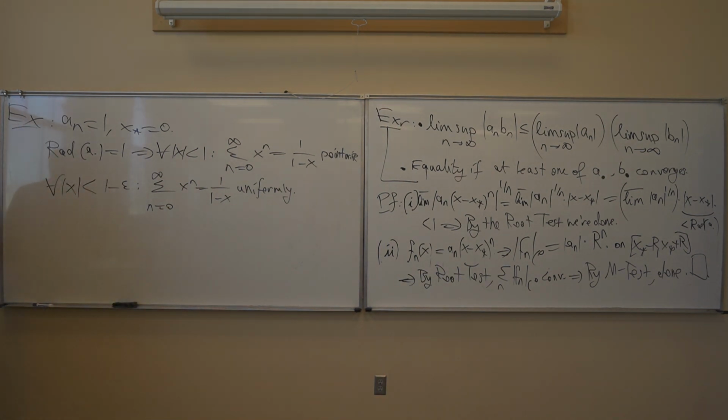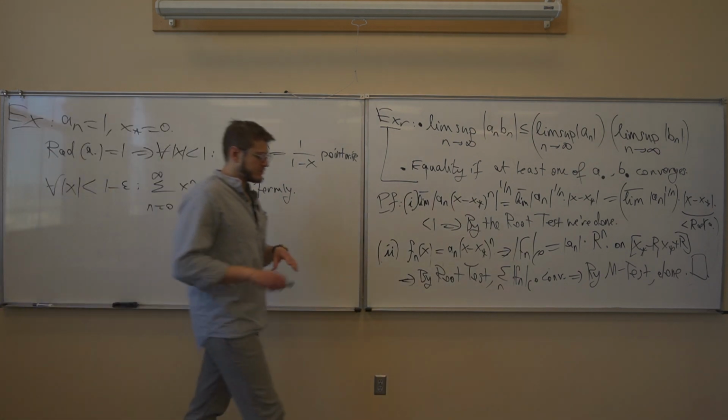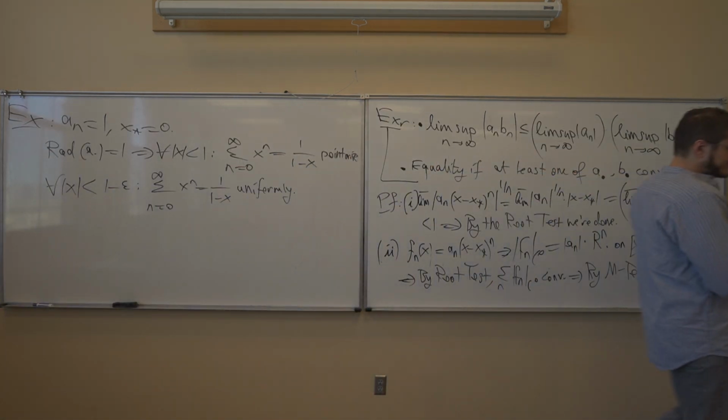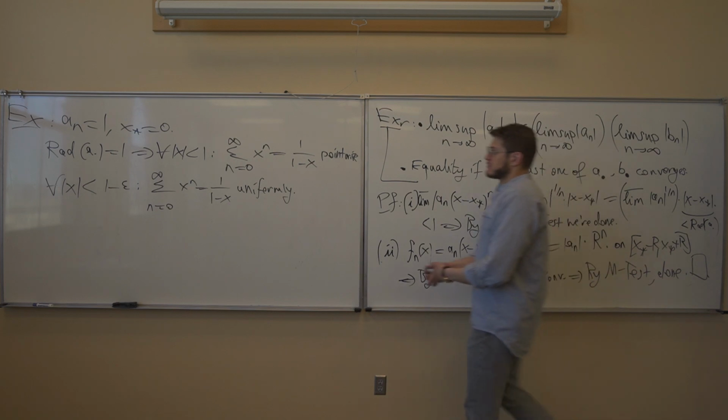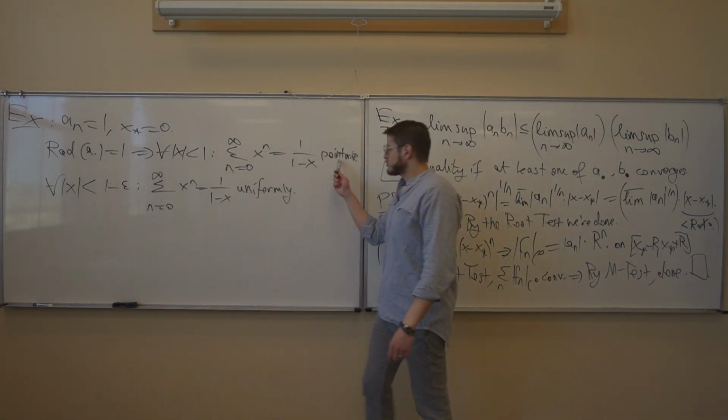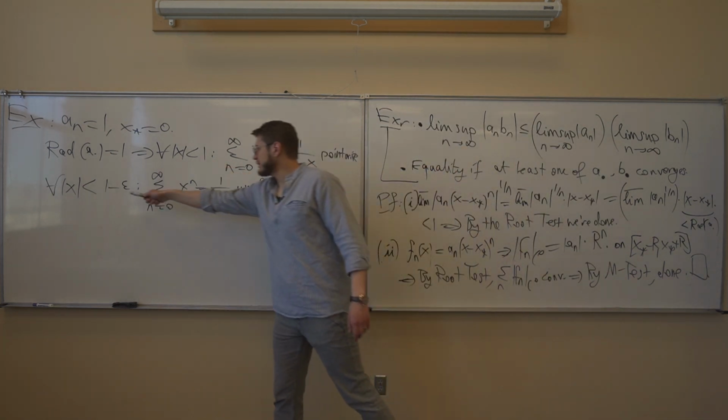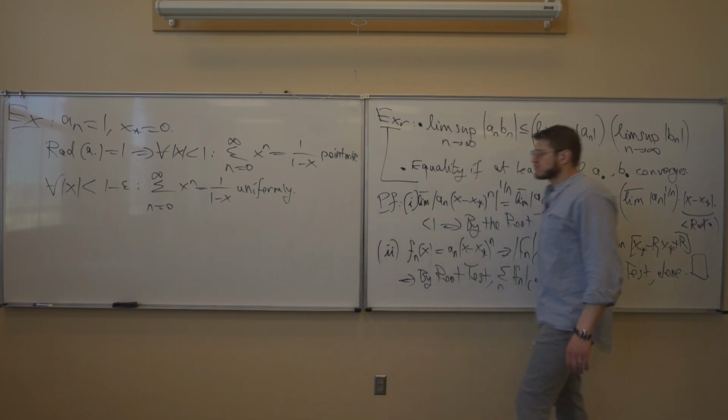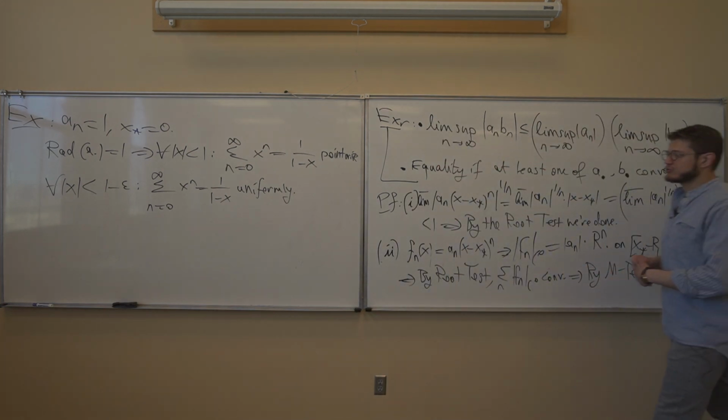Now, what was the distinction between pointwise convergence and uniform convergence? Do you guys remember? If we didn't know the Cauchy-Hadamard theorem, how could you justify that here this convergence is pointwise, but up to an epsilon, if I were to get rid of an epsilon, then my convergence becomes uniform?